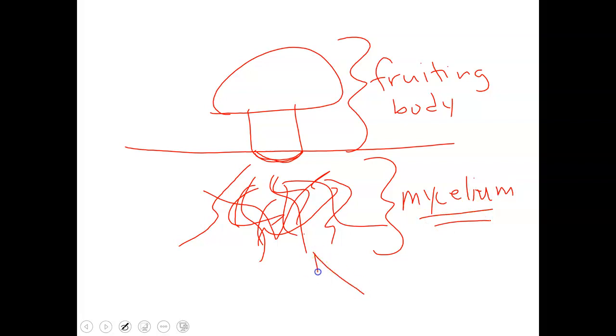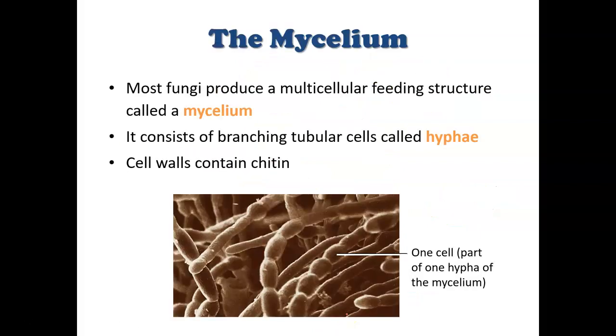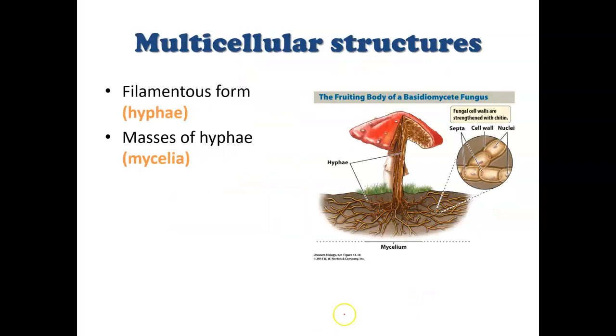Each one of these fibers is called a hyphae. So this down here is the mycelium. This root-looking thing is the mycelium. That is the body of the fungus. This is simply the reproductive part. Right? And each of those individual fibers are called hyphae.